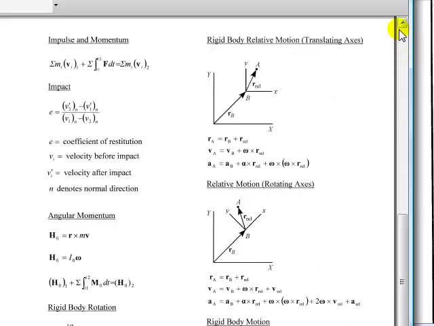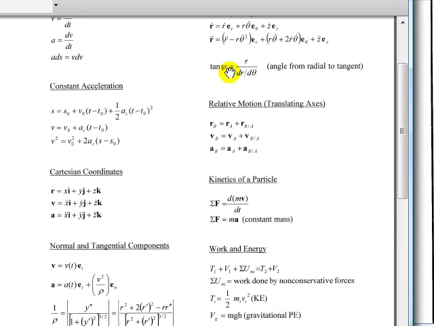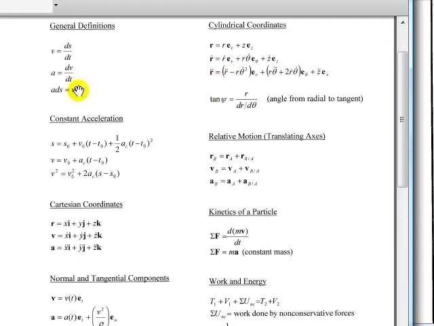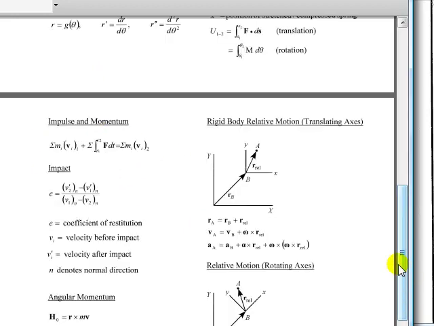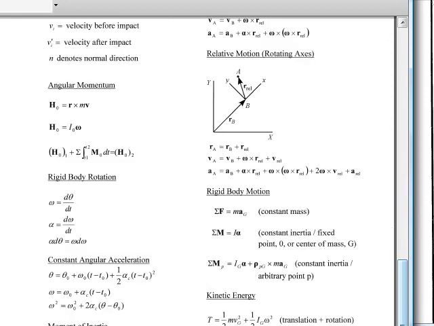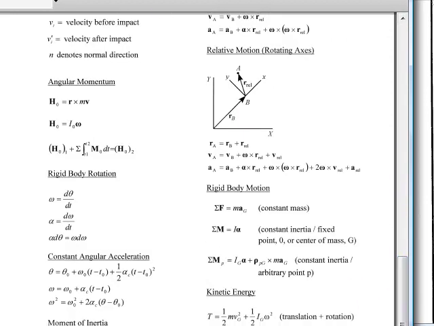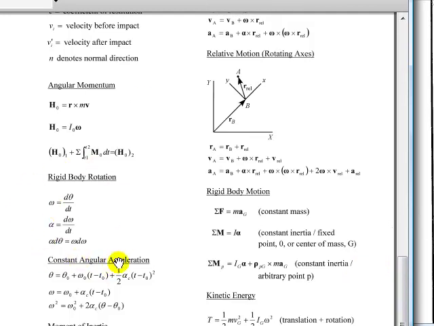Let's pop over to the equation sheet, and you will remember the upper left-hand corner of the equation sheet, which gave us relationships between positions, velocities, accelerations, and time. And then we had the constant acceleration portion of the equation sheet. If we then jump to the other side, we will see the rotational versions of the upper left-hand corner of the equation sheet: omega equal d theta dt, alpha equal d omega dt, and alpha d theta equal omega d omega.